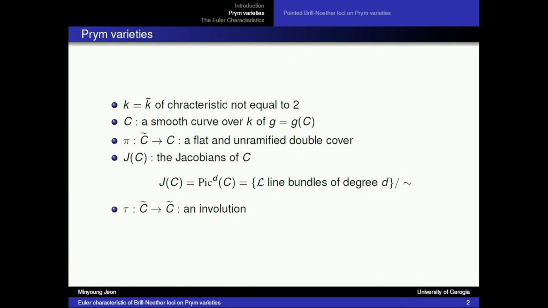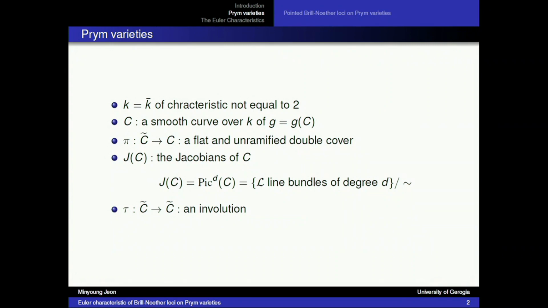If you have a double cover, then the involution sends a point on one sheet to the corresponding point on the other sheet, so it exchanges the points on the double cover.